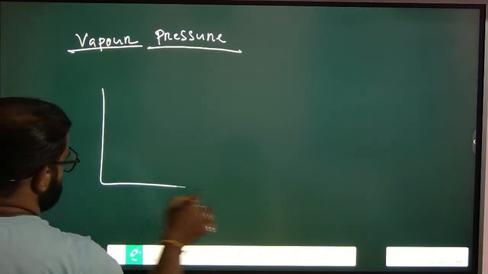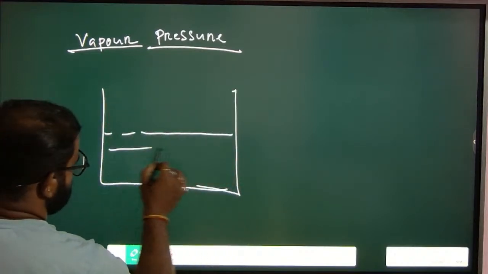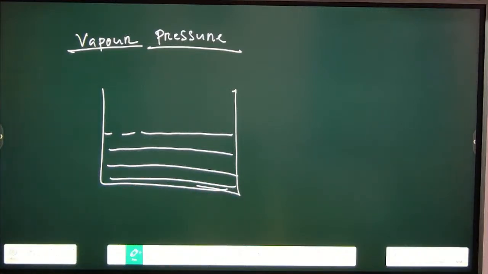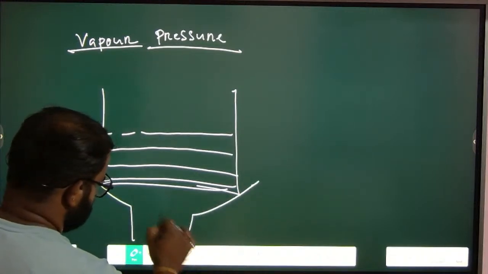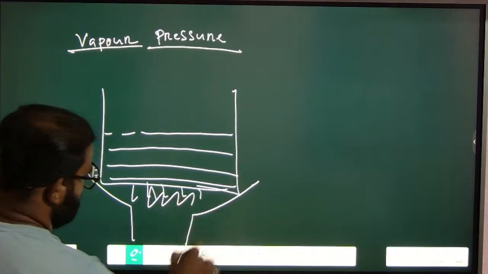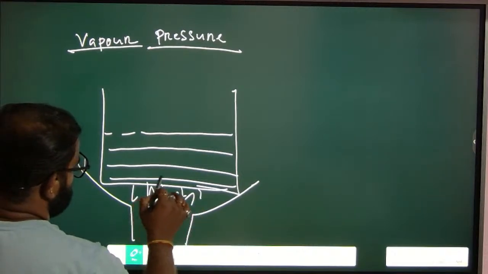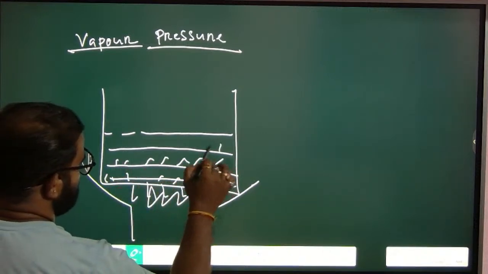Suppose we have taken a vessel in which some solution is there, and we start to give temperature, heat, and after some time it will start to vaporize.